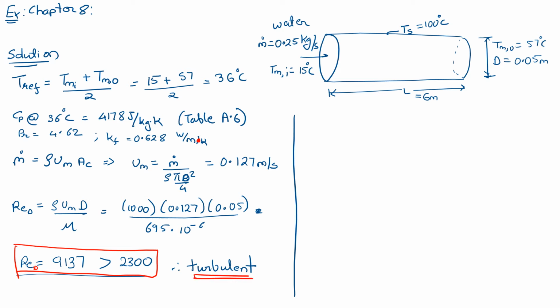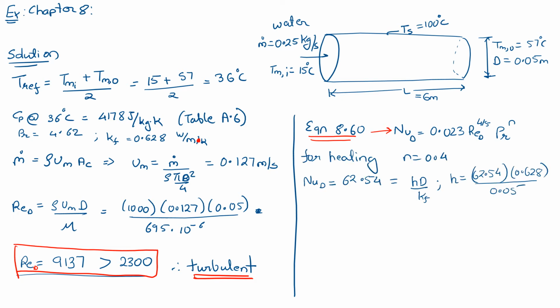So our next step should be to find a relationship of Nusselt number for this particular scenario, which will help us find a heat transfer coefficient. Equation 8.6 from your textbook can be used in this scenario. Nusselt number is given as 0.023 times Reynolds number to the power 4/5 and Prandtl number to the power n.